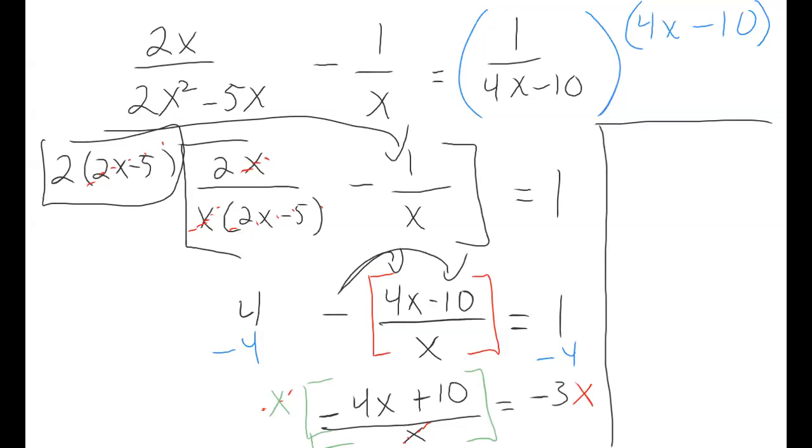So what I have now is negative 4x plus 10 equals negative 3x. And notice, I finally got all my fractions gone. Took a minute on this problem, but I got them all gone. Now, if I add 4x to both sides, I get 10 equals x, and I'm done.